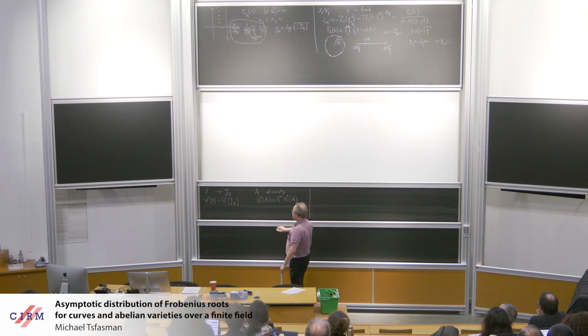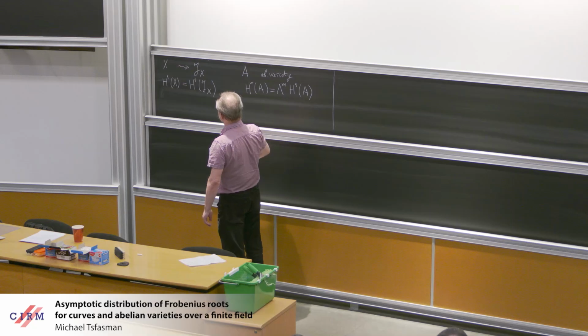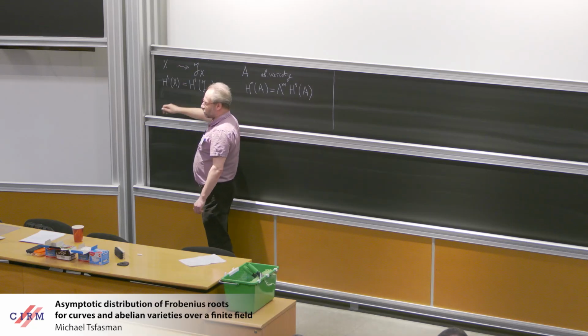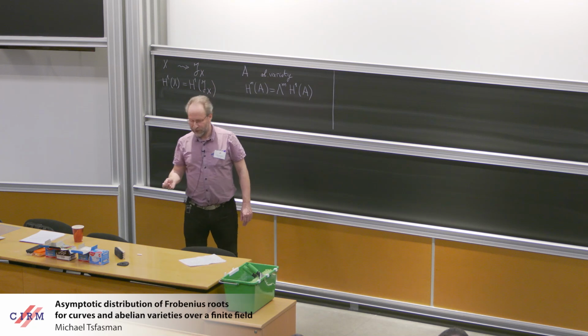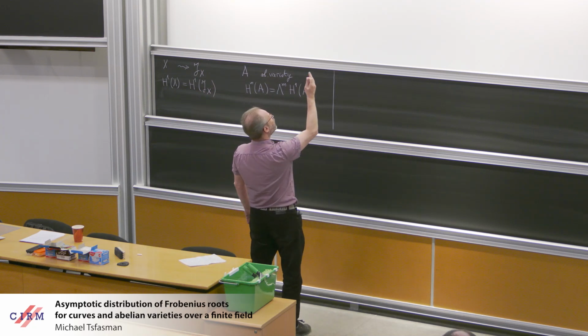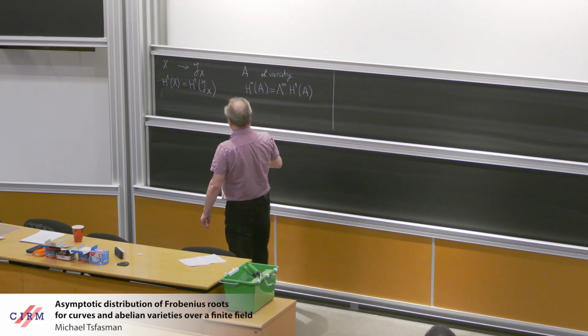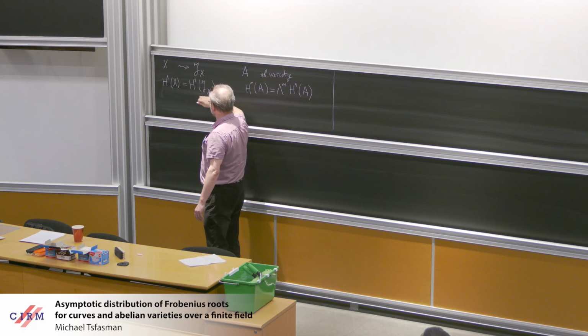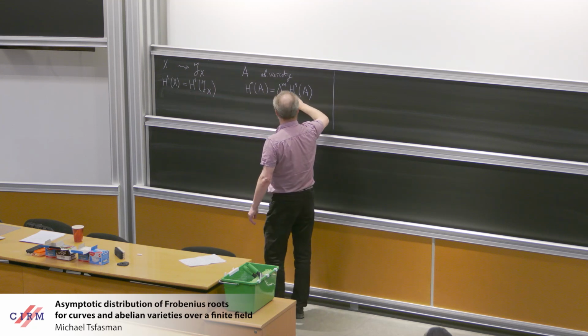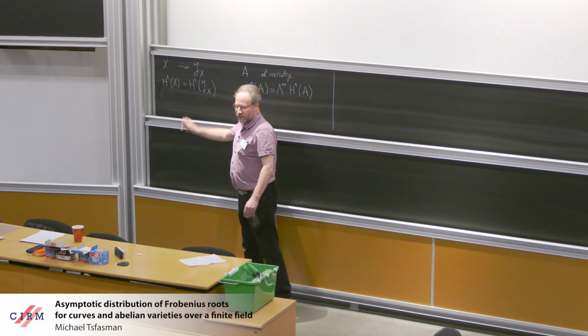If it is a Jacobian, you can write out not only the zeta function of A, but you can write out the zeta function of that non-existing curve. Because to do it, you need only P_X(t), and P_X(t) is defined from the first cohomology, and the first cohomology, you just take H^1 of A, supposing that A is J_X.